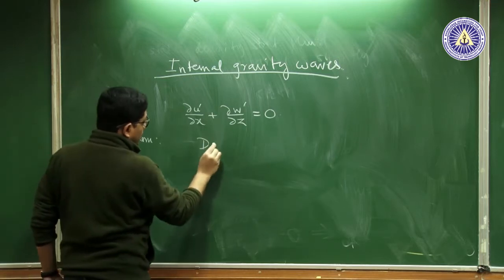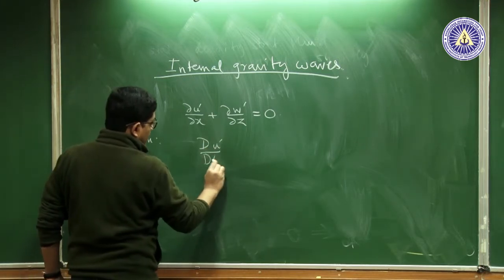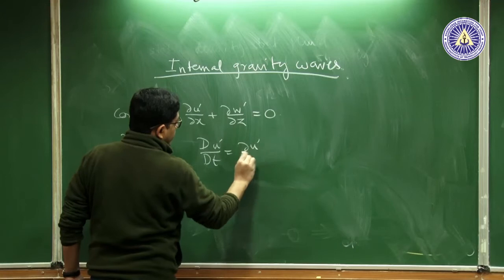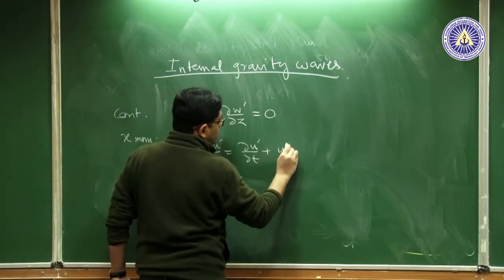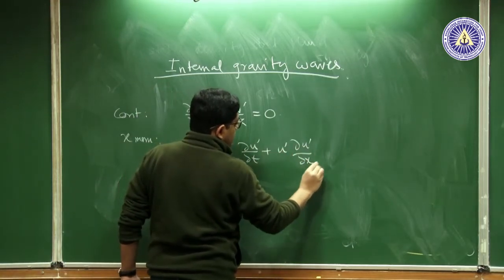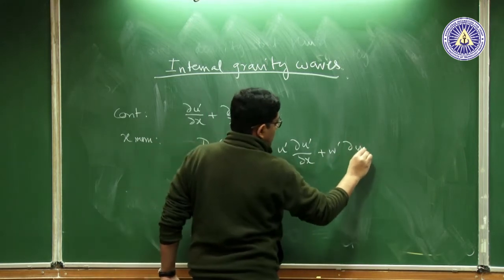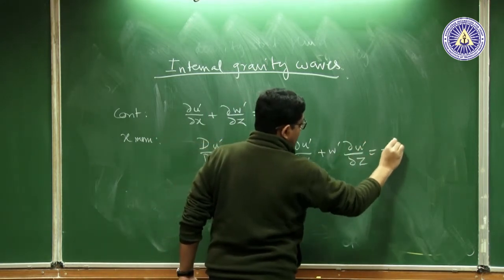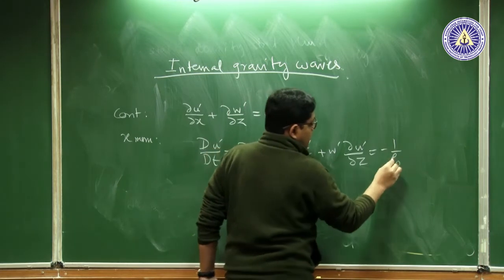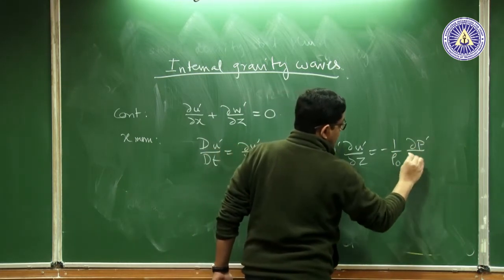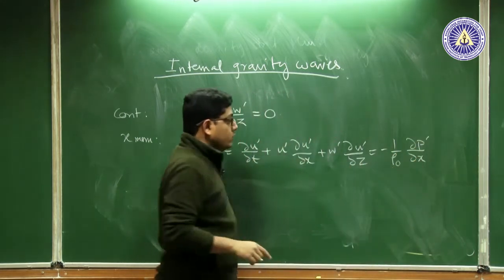We wrote du prime dt, which is del u prime del t plus u del u prime del x, and who remembers why we can do this?